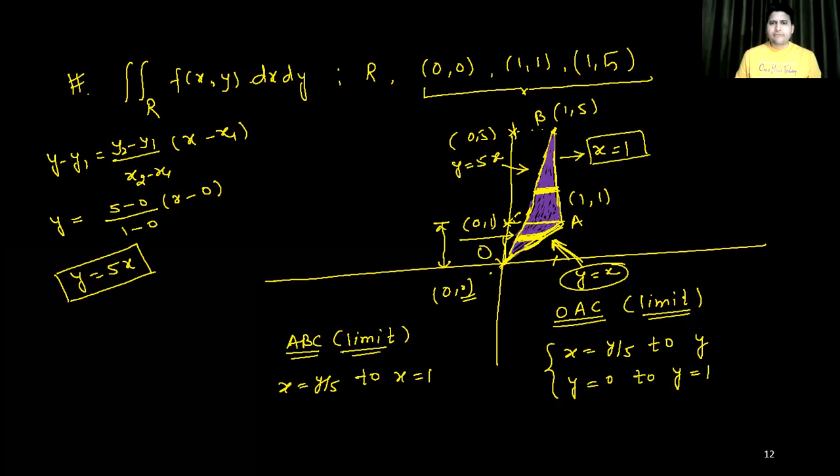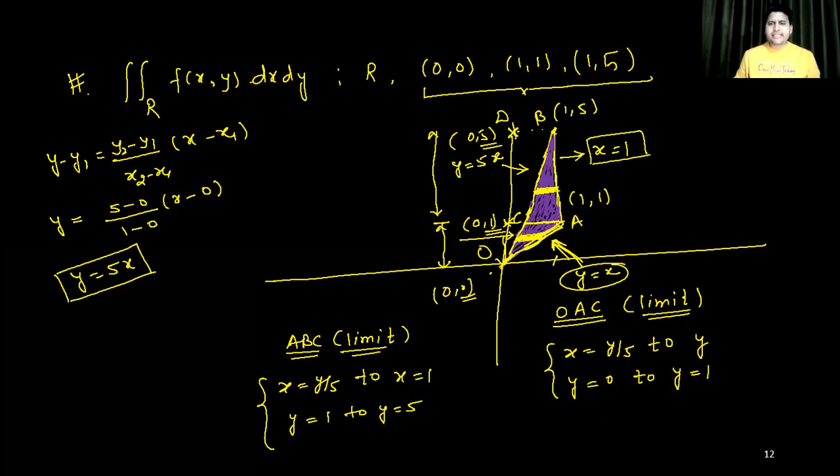Then the variation on the y-axis will be from the point C to the point D, let it be D. Here y is 1, and here y is 5. The limit will be y equals 1 to y equals 5. So these are the limits that we obtained, students.